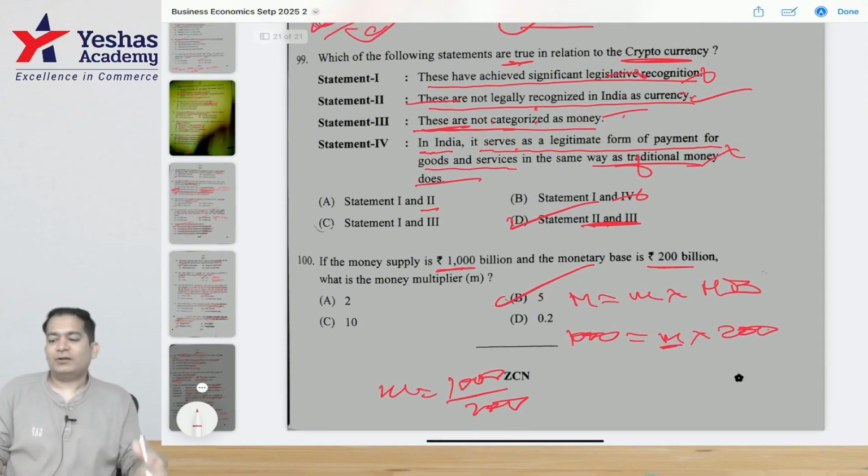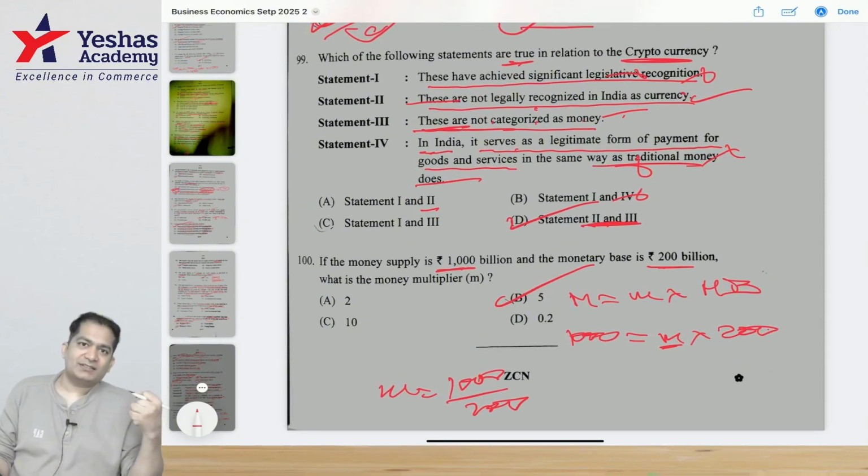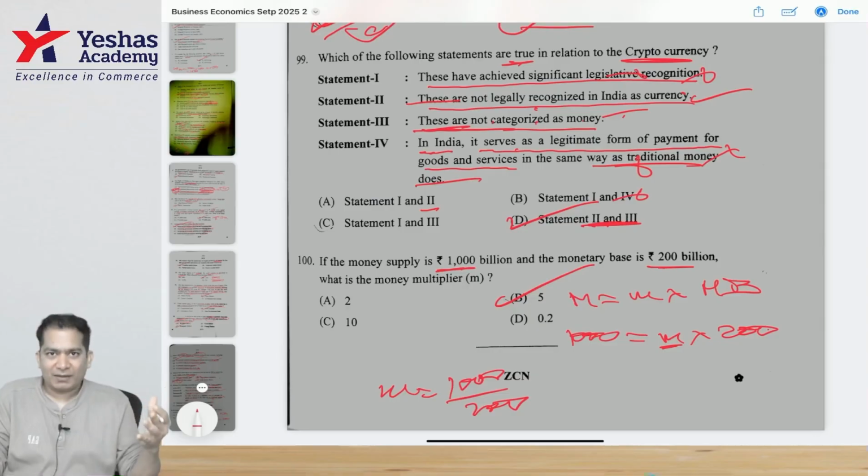Now, one thing I have to tell you, students, if you have covered my class, you have written all the notes, you have referred to the class handouts which were given to you and discussed and solved all the MCQs, then in this paper, I can understand 5, 6 questions are from here and there. Forget about that. Forget about 10 questions. Forget about even 15 questions. But 85 questions you could have easily solved in this paper.